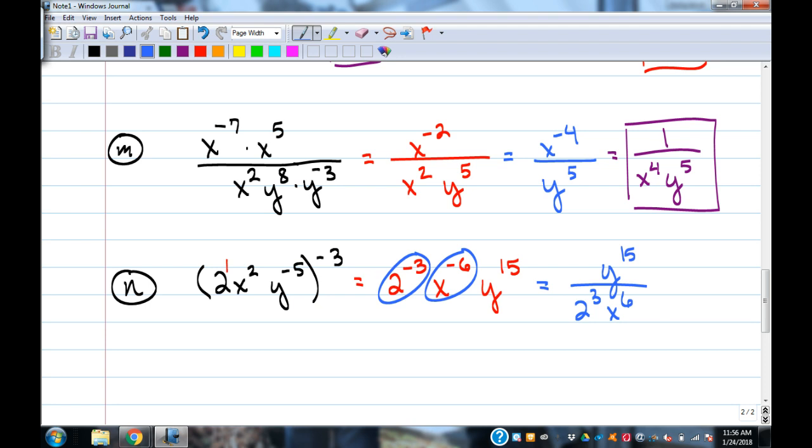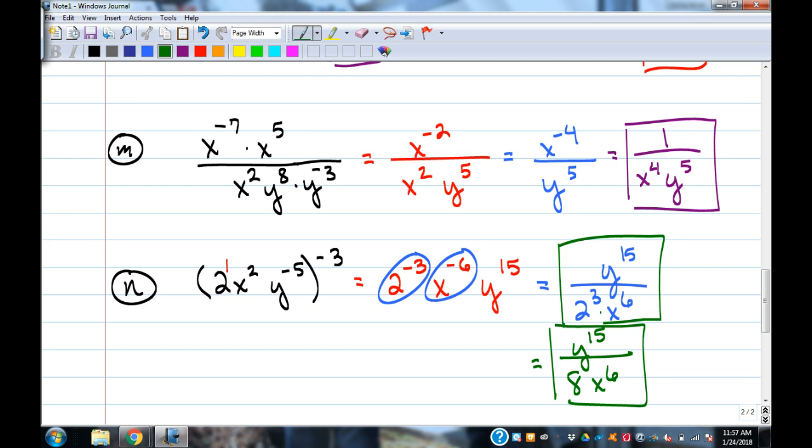What would that be in standard form? Okay. 2 times 2 times 2 is 8. So that's exponential form, the bottom one is standard form.